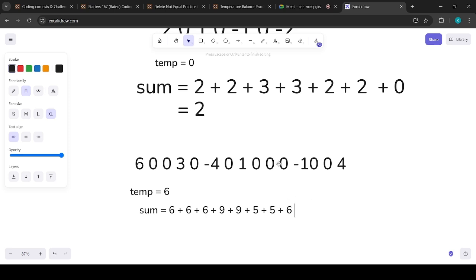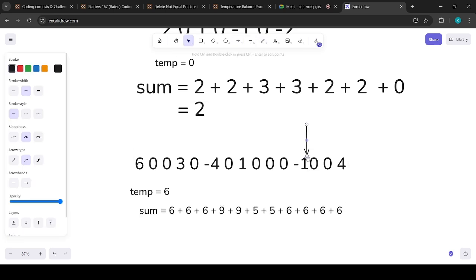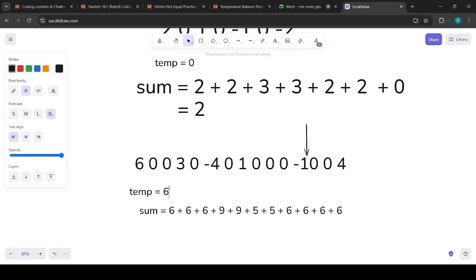And I am adding 6 three more times, because there is 0. And at -10, the temp will become -4.